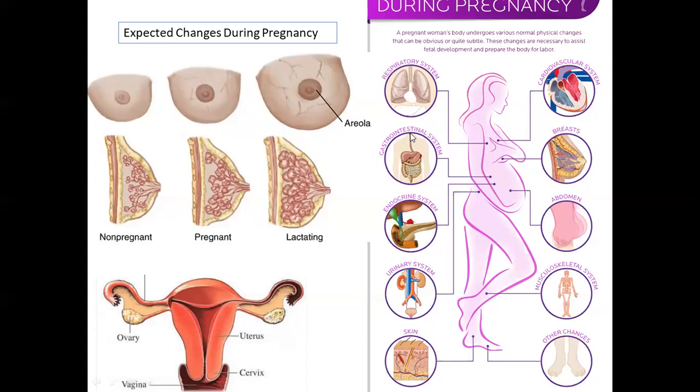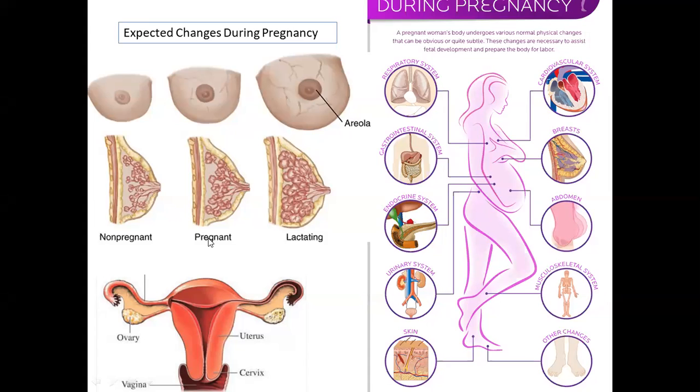What about the endocrine system? Endocrine system, the secretion increases. What about the urinary system? As I told you, the frequency of urine increases.